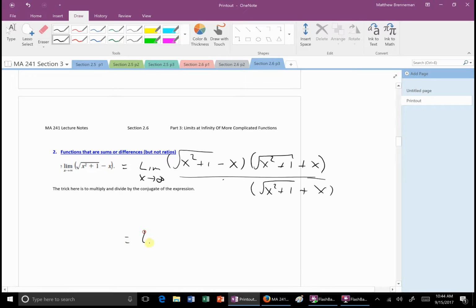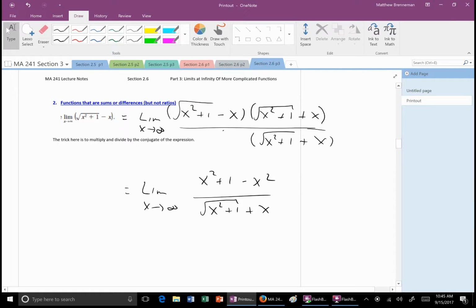So the top becomes the limit as x goes to infinity of x squared plus 1 minus x squared over the square root of x squared plus 1 plus x. And actually, this is going to illustrate the harder problem I wanted to do. So I'm going to kill 2 birds with 1 stone. Notice what happens now: these guys are going to cancel.